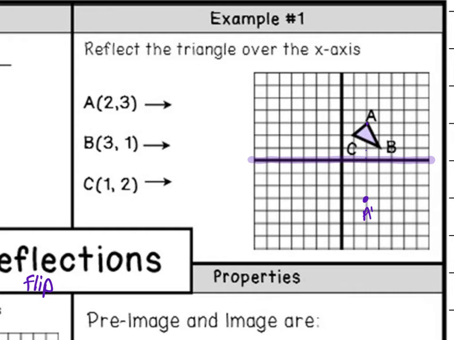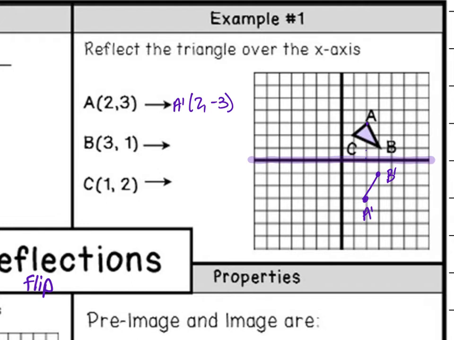Okay, so that means A prime is at the location, where is A prime at? 2, -3. Okay? And B here is 1 above my mirror, so it's going to be 1 below my mirror, and that's going to be B prime.